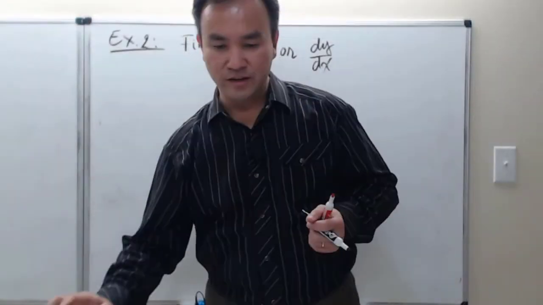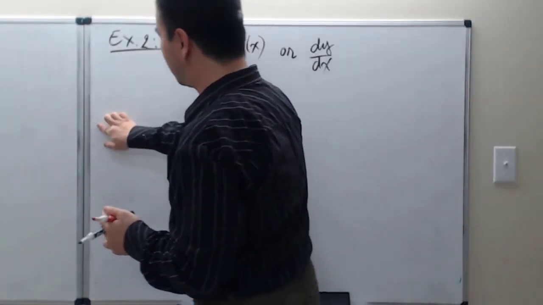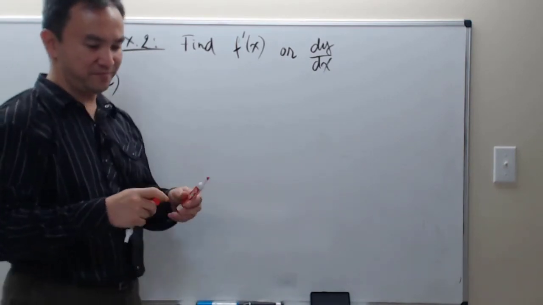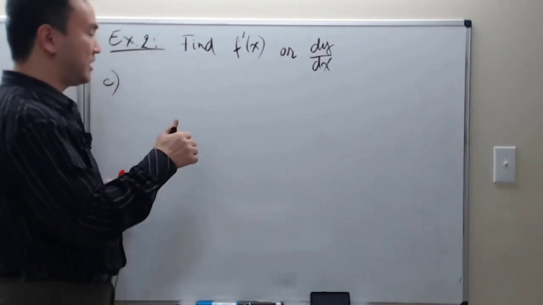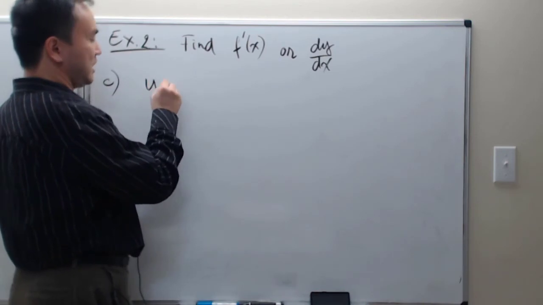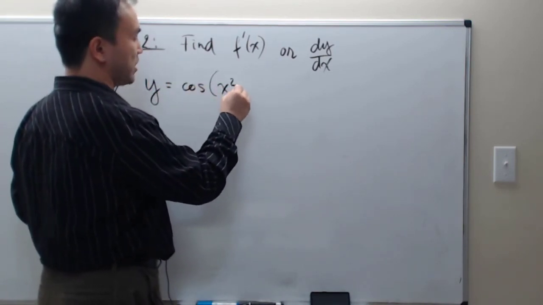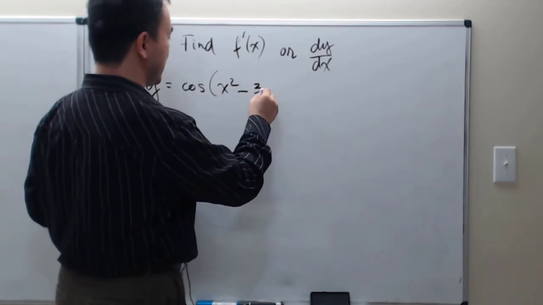All right, and so now let's come to part C of the example over here. Now I'm looking at y equals cosine of x squared minus 3x.